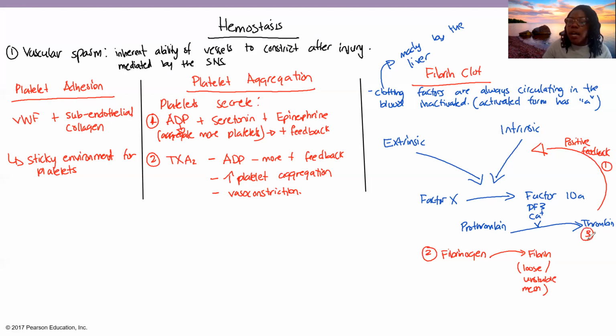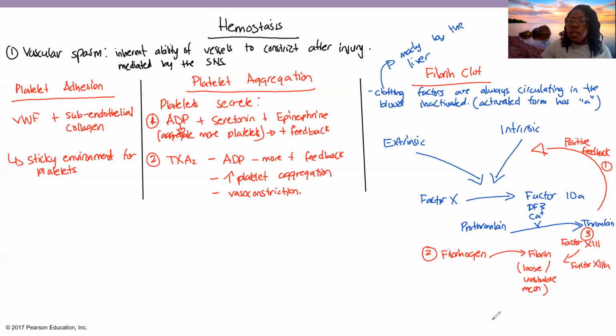So the third role of thrombin here is activation of factor 13 to 13A, so a small arrow here to factor 13A, and then factor 13A will then convert fibrin into the more stable fibrin clot.